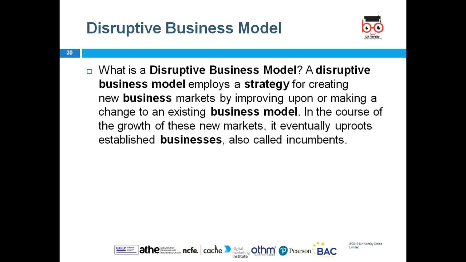Next, we're looking at the disruptive business model. What is this? Because in your induction contents, we have, what is a disruptive business model? A model implies a strategy. Strategy means an action plan for creating a new business market by making changes to an existing business model.